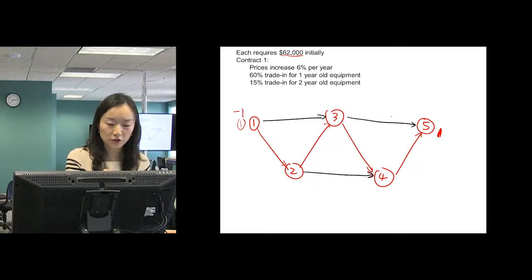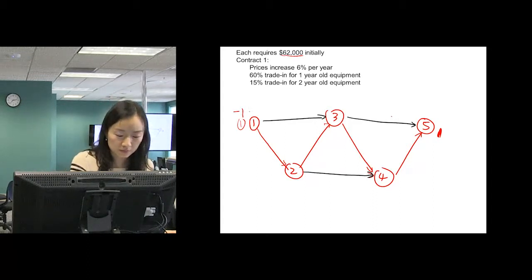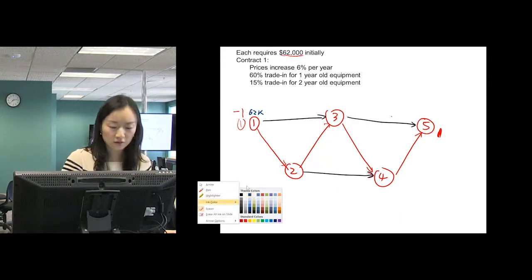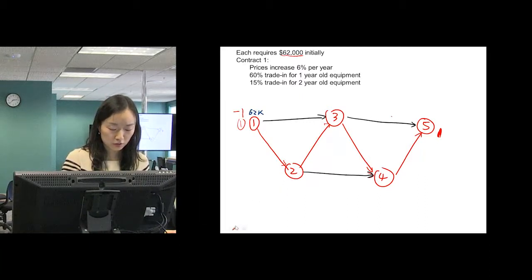So first let's use what we have. Initially we require 62K, so I'll put it here, 62K. Our objective is to minimize the cost, so I'll put the cost as a positive value. Initially, this cost will occur. And if we trade in the second year, what happens?